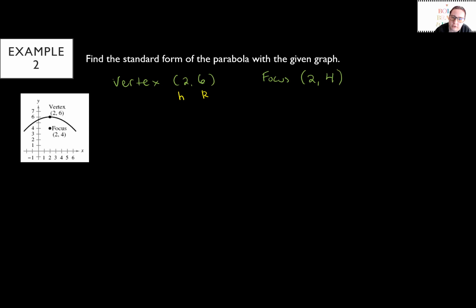So I know that h is 2 and k is 6. So this is a vertical parabola. So the formula is x minus h squared equals 4p times y minus k.